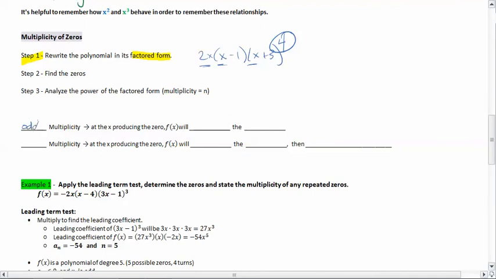So for multiplicity of zeros, in order to understand how those behave: when you have an odd multiplicity, that means at the x producing that 0, f of x is going to cross the x-axis. For an even multiplicity, at the x producing that 0, your f of x is going to just barely touch the x-axis, and then it's going to turn around.